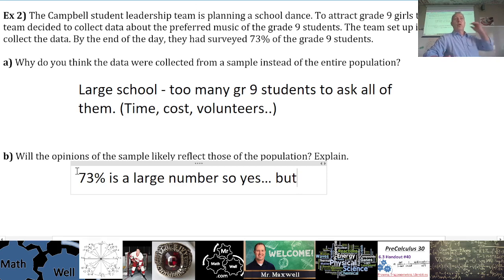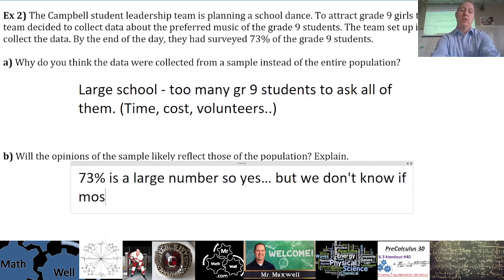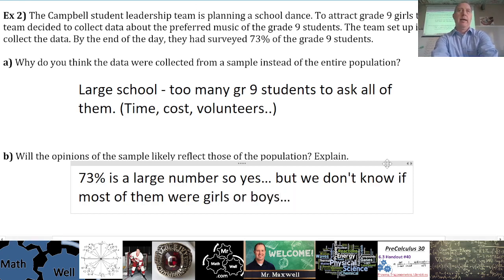So 73% is a large number, but we don't know if most of them were girls or boys. And if you really want to know what the girls think, then maybe they had to be a little bit more strategic with who they asked, not just 73%, but maybe 73% of the girls, to find out what they really like.